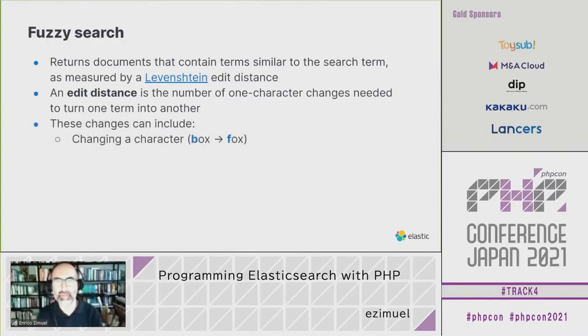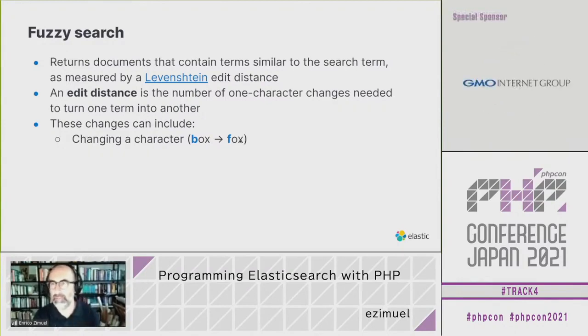Some examples. If you have the string box with a B, and you also have the string fox with an F, as you can see, the only difference between these two strings is the first letter, B and F. So the edit distance is 1 in this example, because you just need to change one character to move from box to fox. Another example, you have the string black. If you remove the B, you get the string lack.